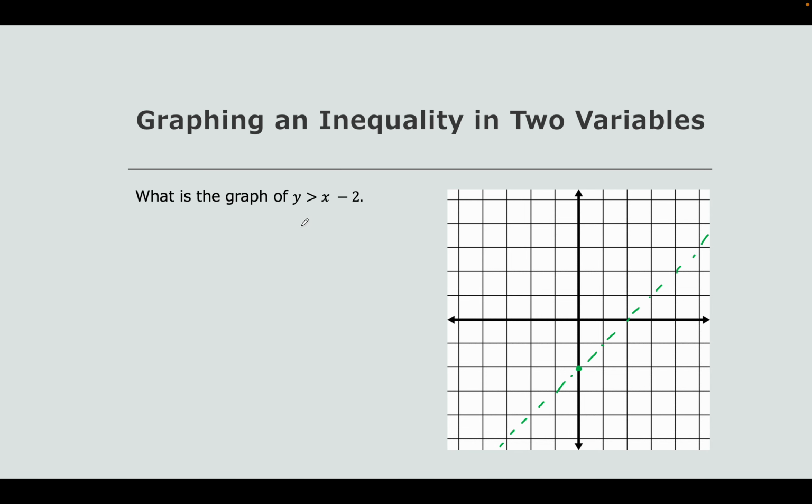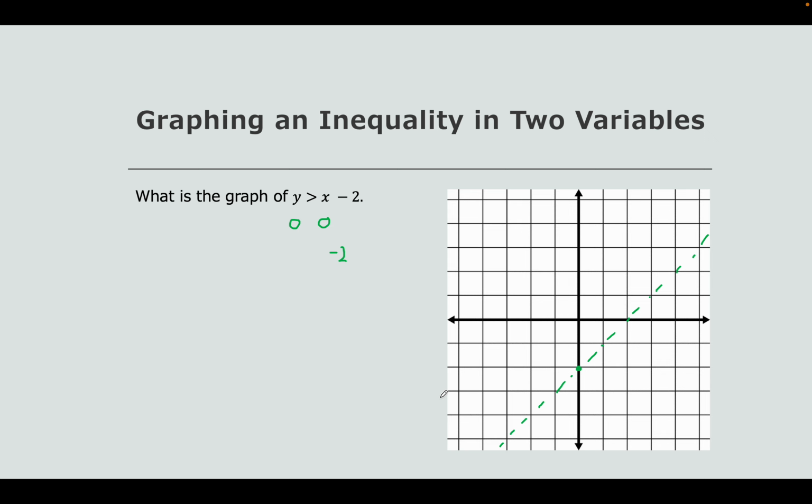So I'm going to plop in 0, 0 and see what happens. x minus 2. 0 minus 2 equals -2. Now, is 0 greater than -2? Yes, it is.